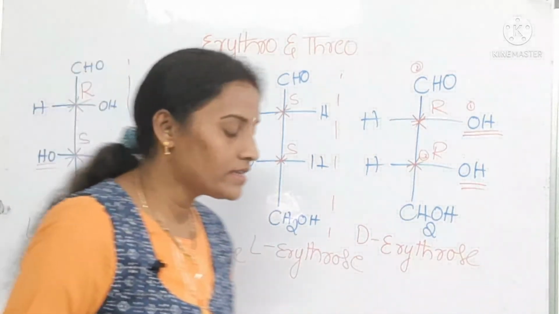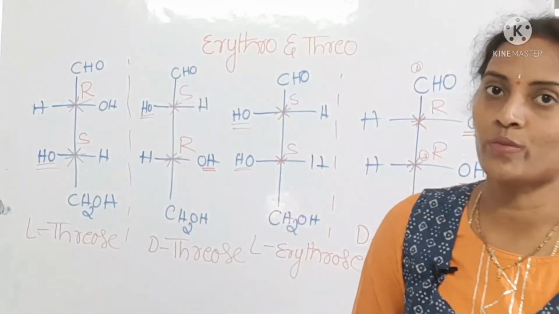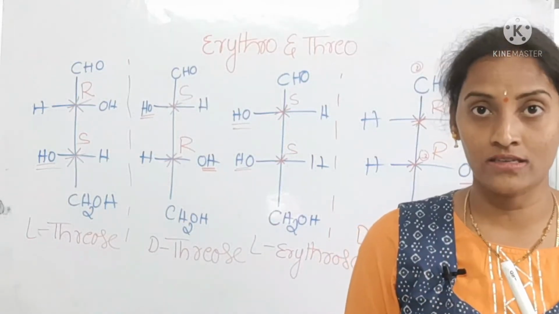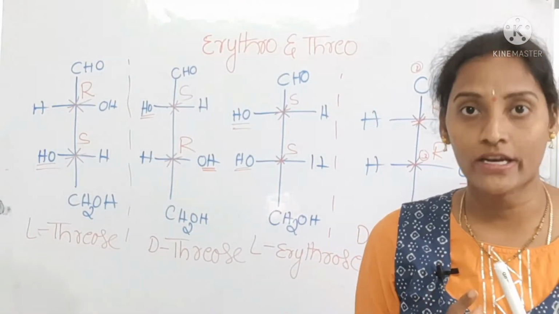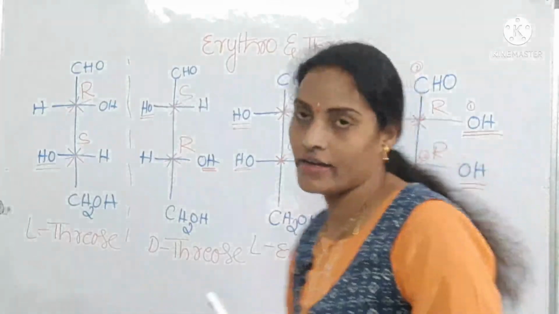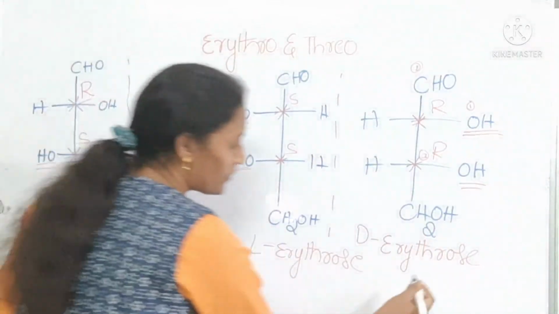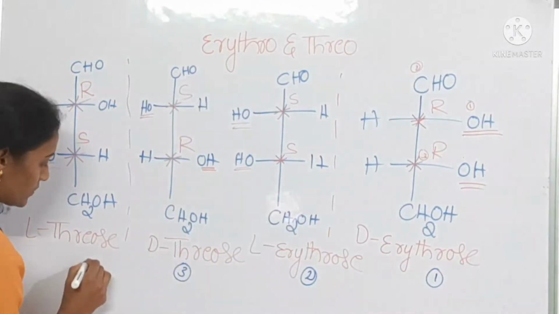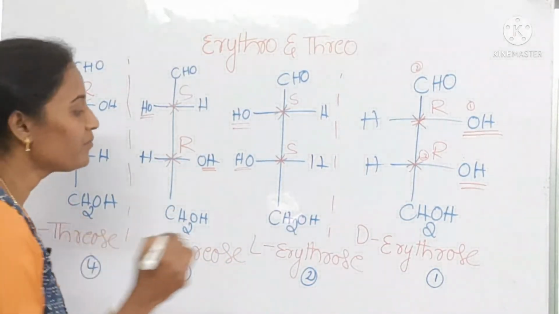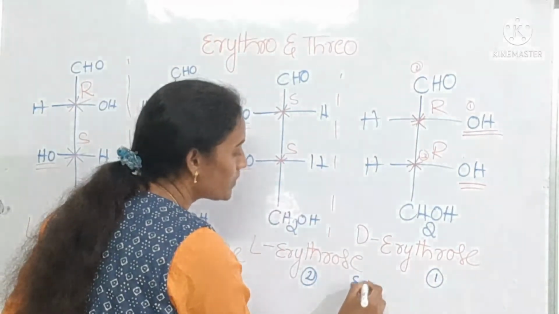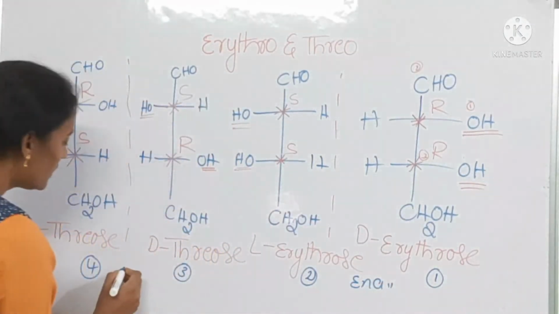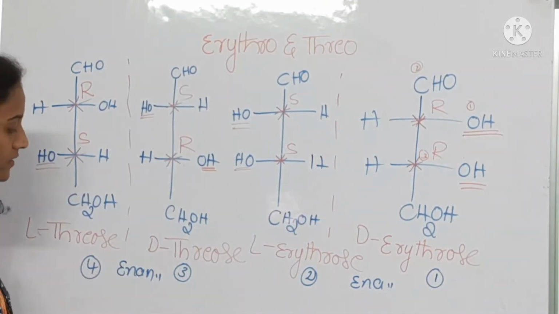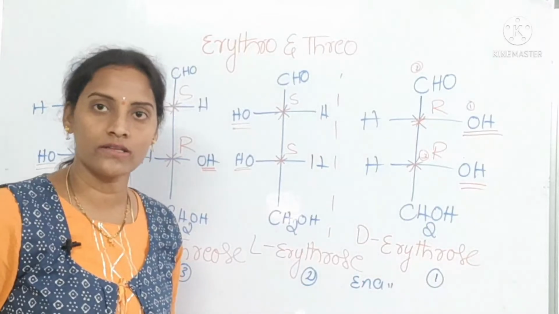See students, by seeing these erythro and threo isomers, you can identify which ones are the diastereomers and which ones are the enantiomers. See, these two are the enantiomers. Just say I am going to give numbering 1, 2, this one is 3, this one is 4, students. These two are the enantiomers and these two are also enantiomers. 4 and 3 are the enantiomers, 1 and 2 are the enantiomers.